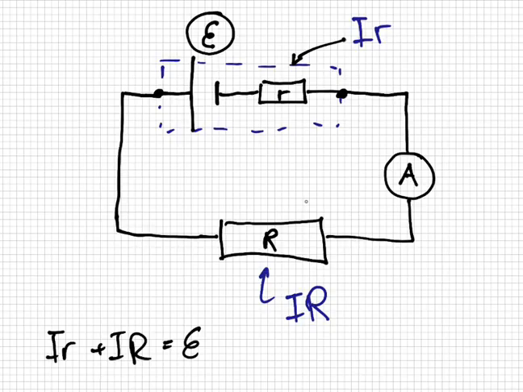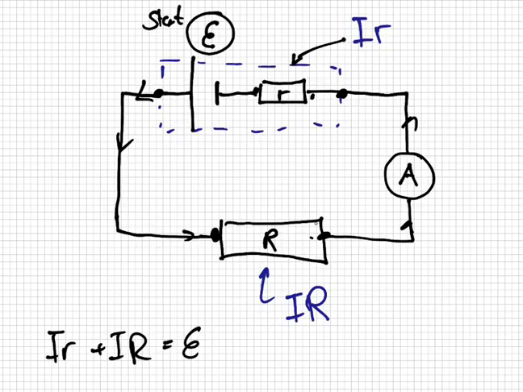So this is like the start, and then it goes around, and it has some voltage here, then it goes around, and then it has some voltage here, but this must equal these two. It's a bit like with our potential divider. Remember, we had like 100 volts, and we split it into 25 and 75.